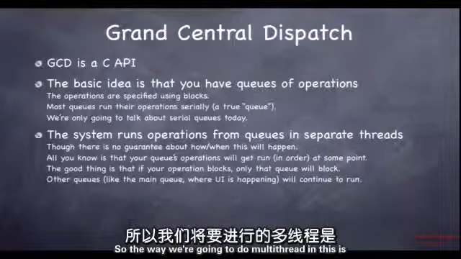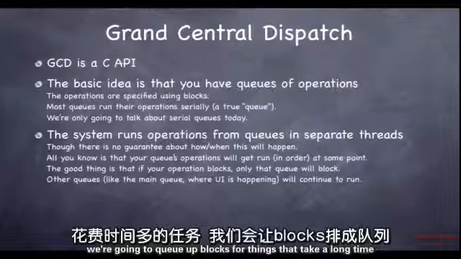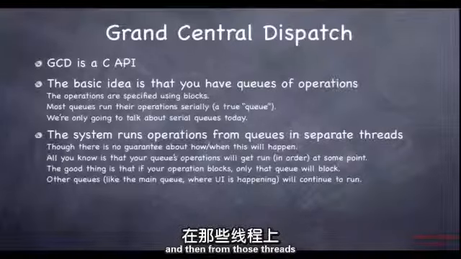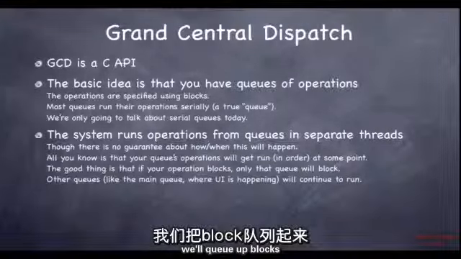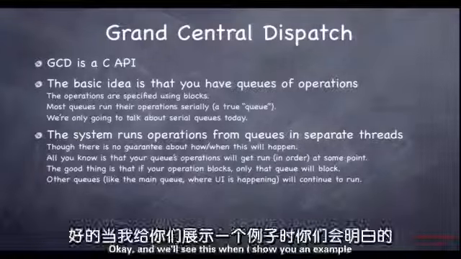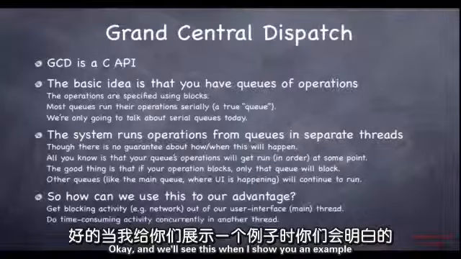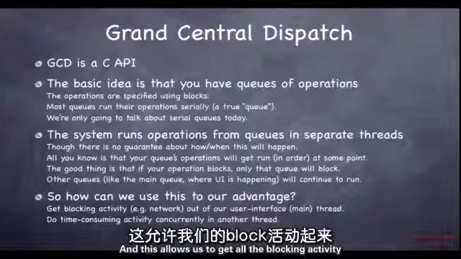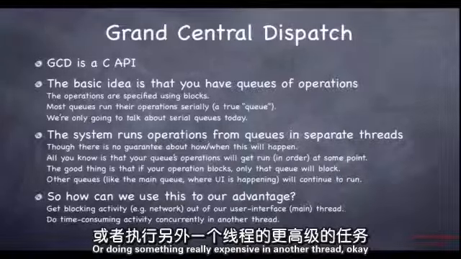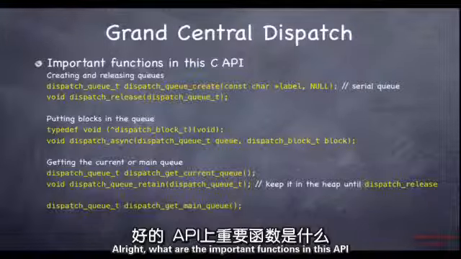So the way we're going to do multi-threadedness is we're going to queue up blocks for things that take a long time, let them run in other threads, and then from those threads, we'll queue up blocks to run back on the main thread to update the UI. You will see this when I show you an example. And this allows us to get all this blocking activity, like accessing the network or doing something really expensive, in another thread.